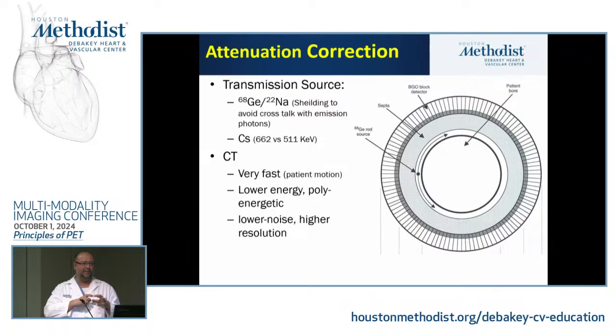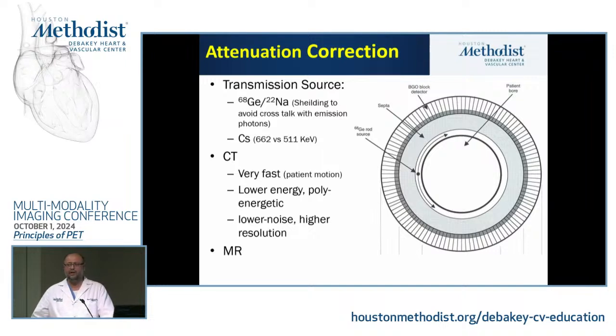So I want to know how much lung, how much bone, how much soft tissue. And to achieve that, I need a very noisy set of images. I do not need a good dedicated CT that can do that. And then the third one is MRI.